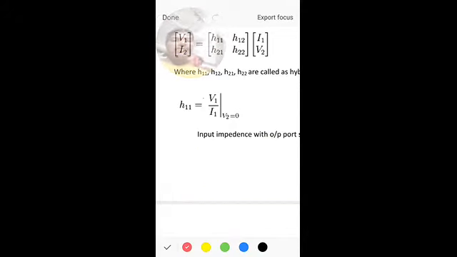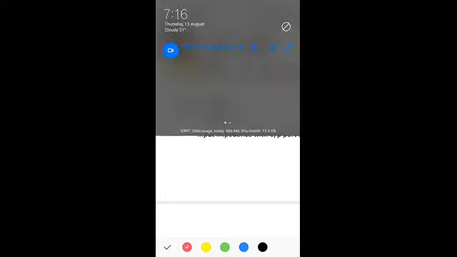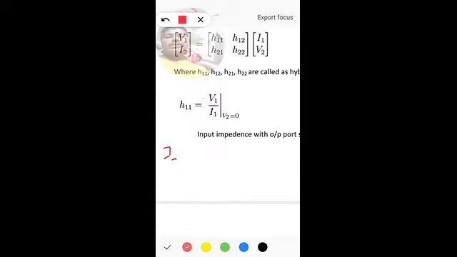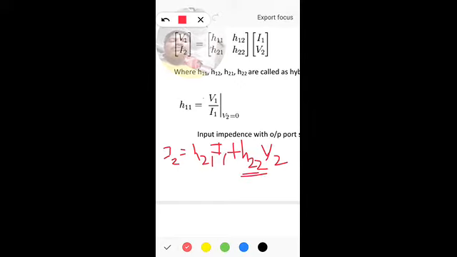Similarly, we can write from the same equation I2 is equal to h21 I1 plus h22 V2. From this we can find h22 by reducing the first term to 0. The first term h21 I1 can be reduced to 0 by open circuiting the input terminal, that is I1 is reduced to 0. Therefore h21 I1 becomes 0.